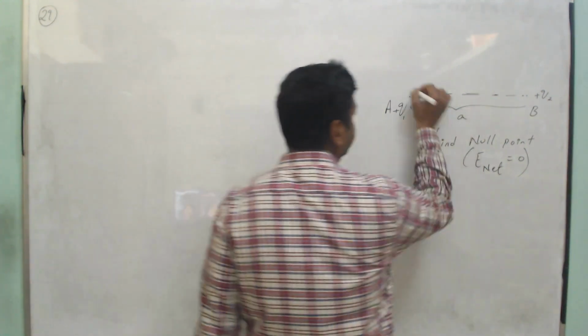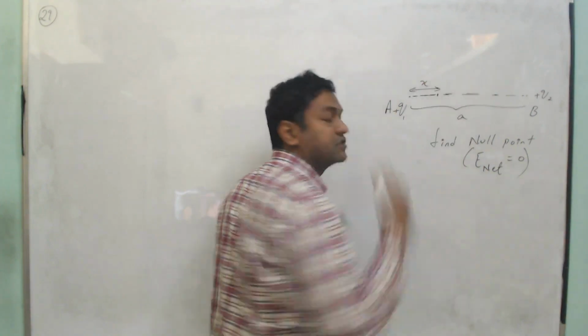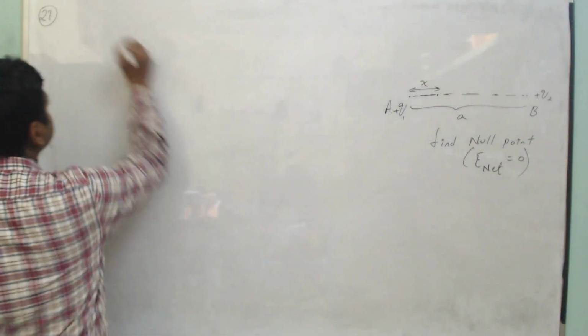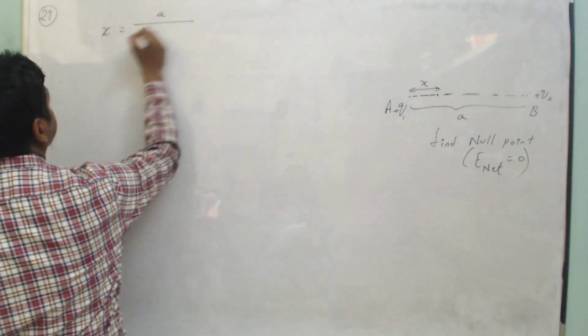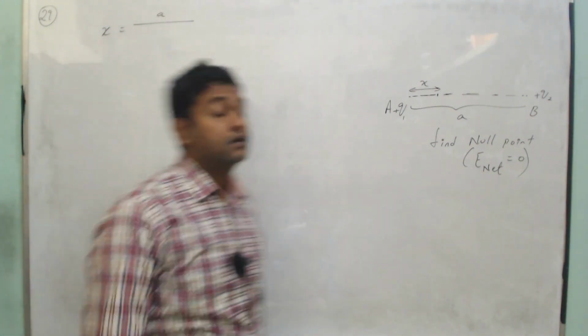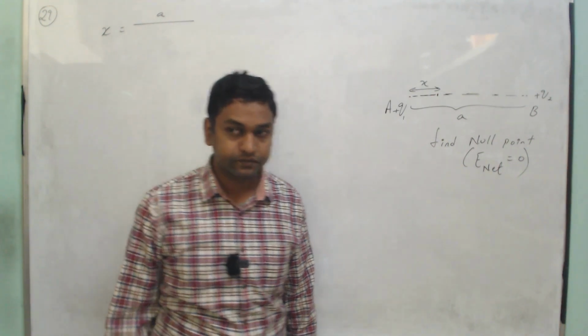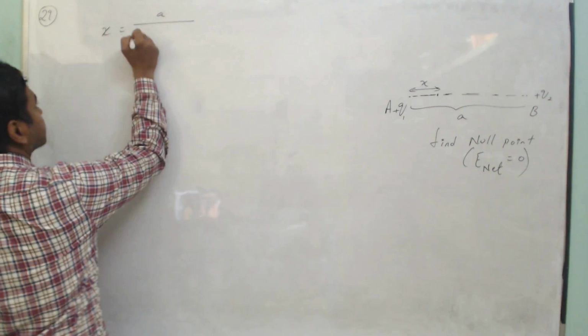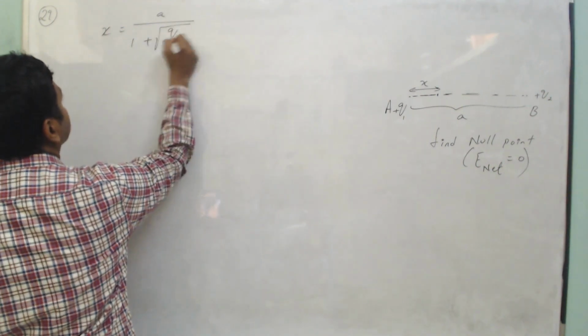If the null point is at a distance of x away from charge Q1, how much will I get x as? x is equal to a divided by 1 plus under root of Q2 by Q1.